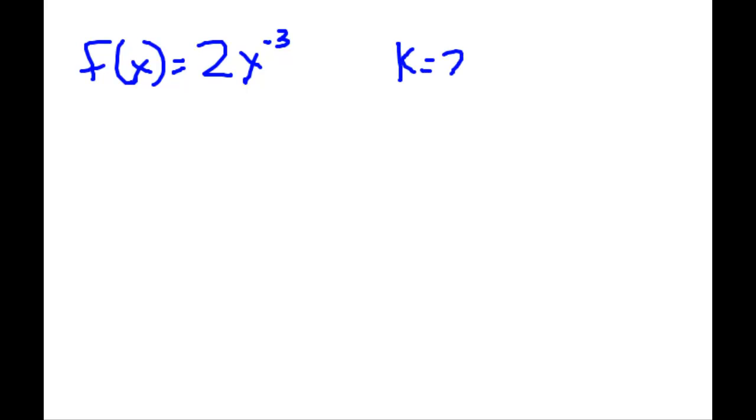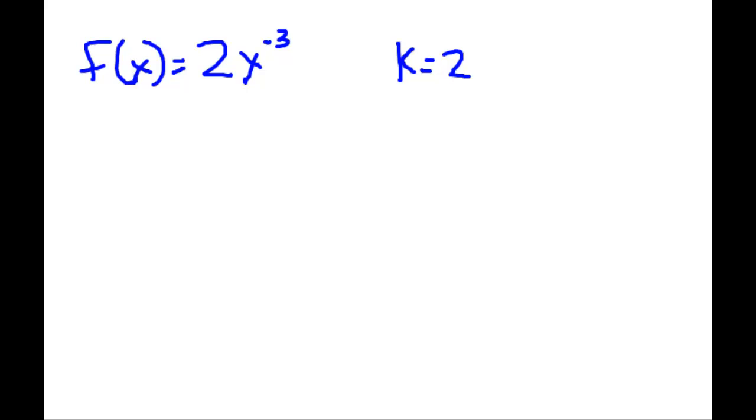Let me show you how to use this information. Let's take the graph of f of x equals 2x to the -3. So in this case, our k equals 2, and that's positive, so we're going to look at quadrant 1.